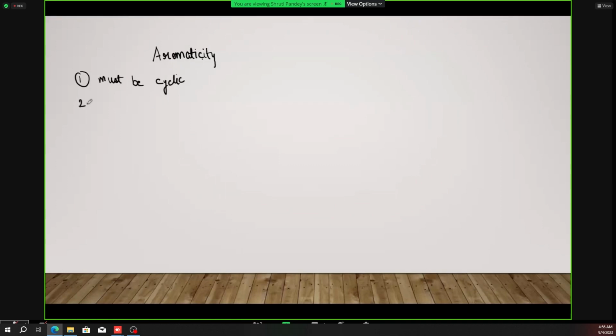Then the second requirement is that it must be in conjugation all the way around the ring. In simple words, every atom in the ring must be able to participate in the pi bonding, or we should have alternate double bonds in that cyclic compound.